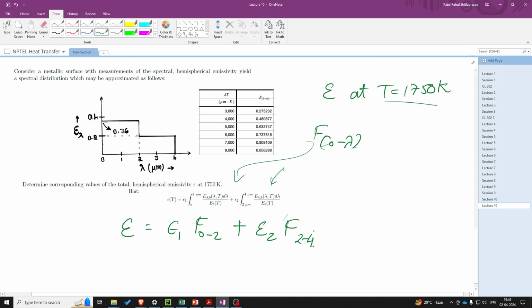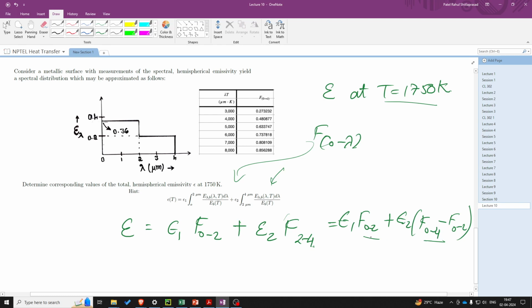This f of 2 to 4, we can write in terms of f of 0 to 4 minus f of 0 to 2, so epsilon 2 times (f of 0 to 4 minus f of 0 to 2). So now we need to find f of 0 to 2 and f of 0 to 4, and then put the values over here in order to find this total hemispherical emissivity.